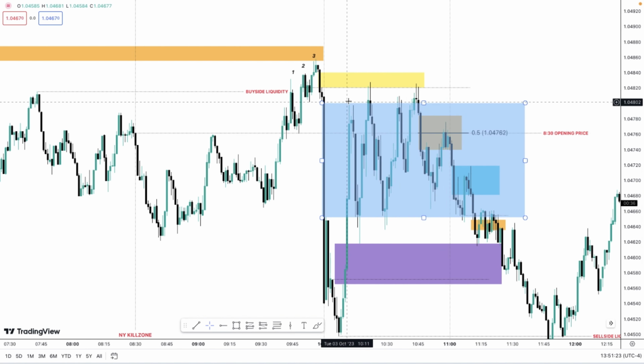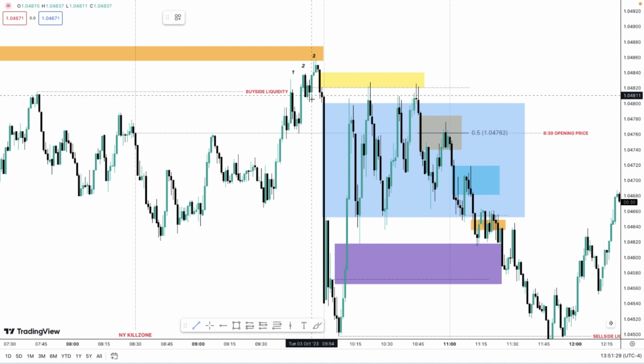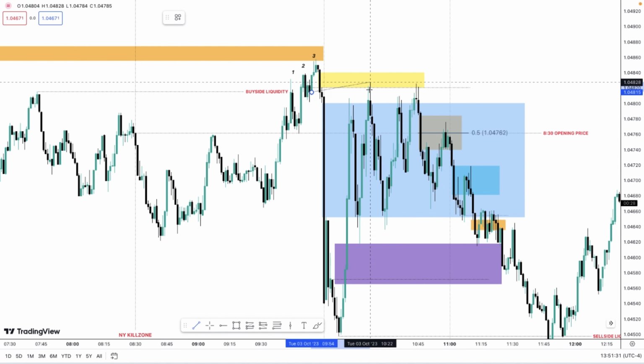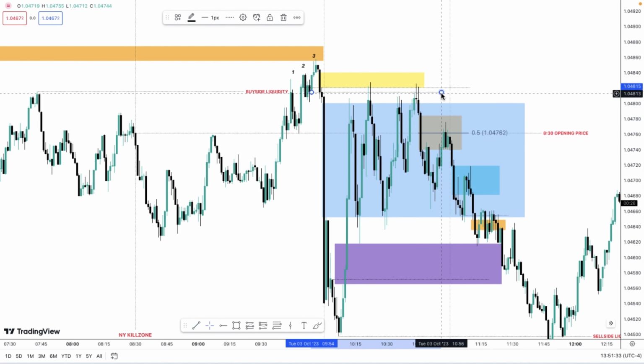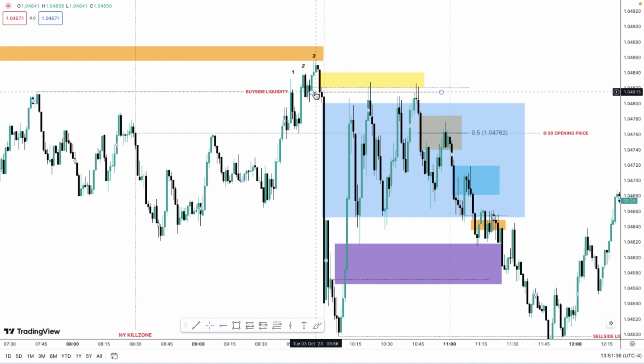We also have the order block there. You see the price trading multiple times to the order block.